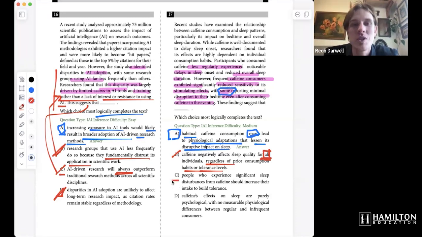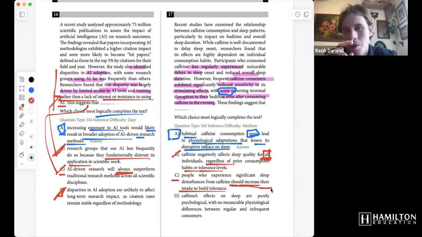C is kind of a funny too extreme distractor, right? People who experience significant sleep disturbances from caffeine should increase their intake to build tolerance, okay? That's not necessarily illogical, but it's not logical either. Why? Because only some are reporting minimal disruption to their bedtime even after consuming caffeine in the evening.